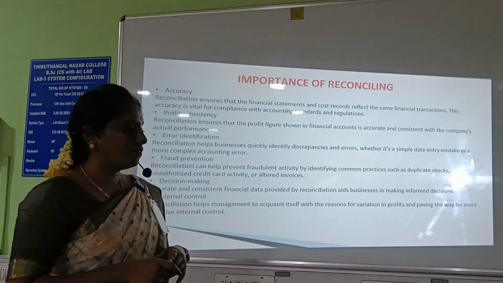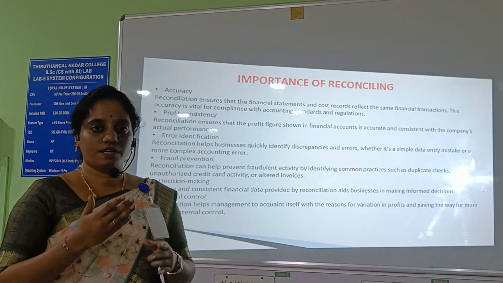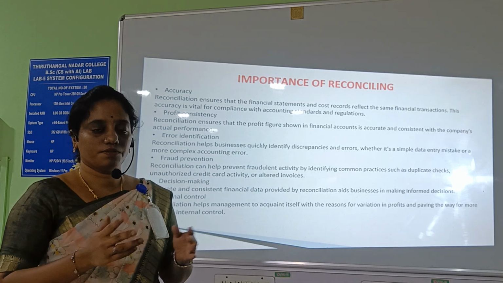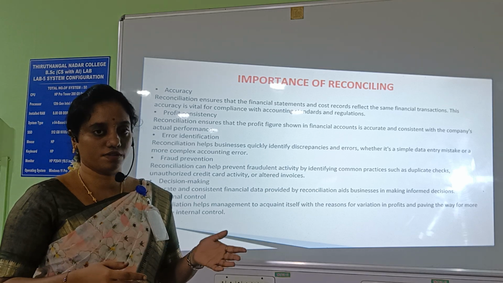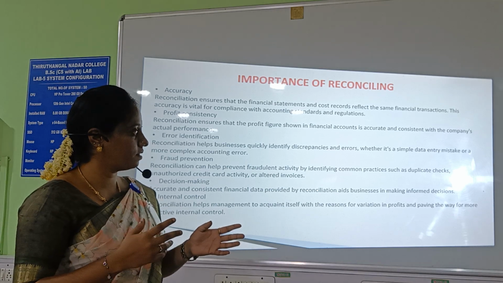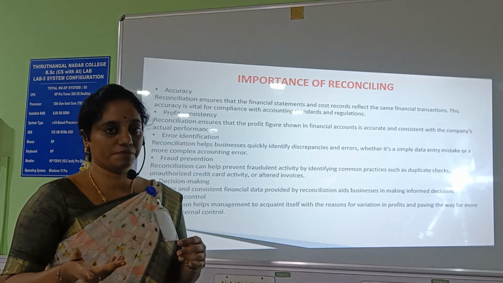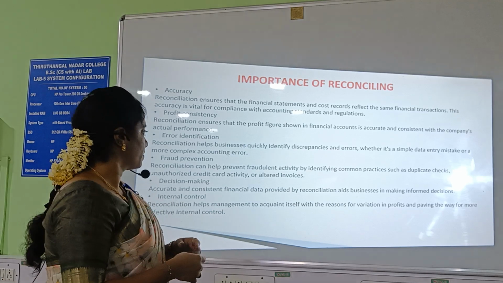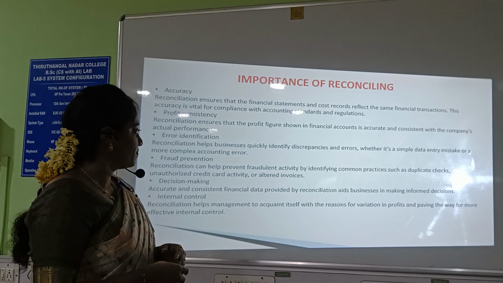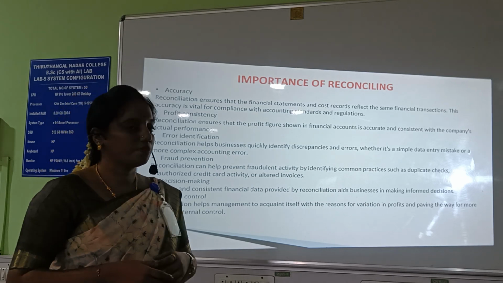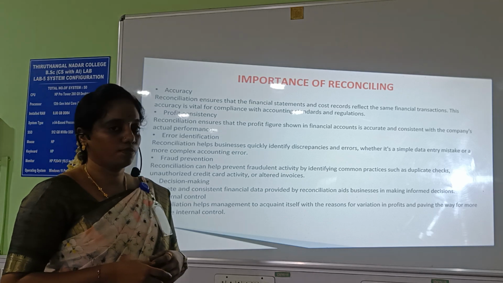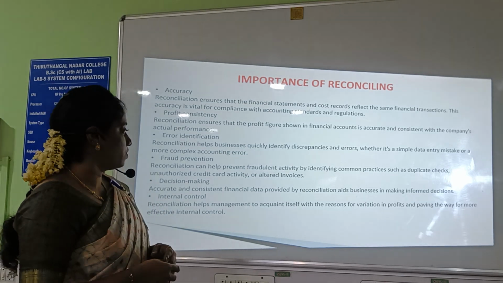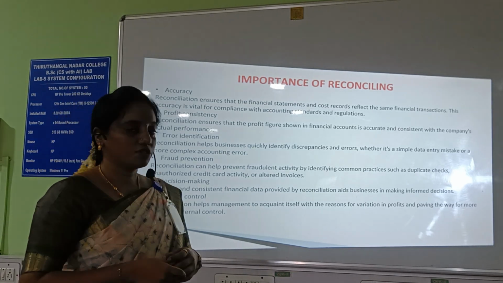Third one is error identification. It helps to identify the errors easily. Why? Because if we randomly check through the cost accounts book and financial accounts book, we can see whether it is a simple data entry mistake, and we can rectify it. Fraud prevention. Reconciliation can help prevent fraudulent activities by identifying common practices such as duplicate checks, altered invoices, etc. Decision making.